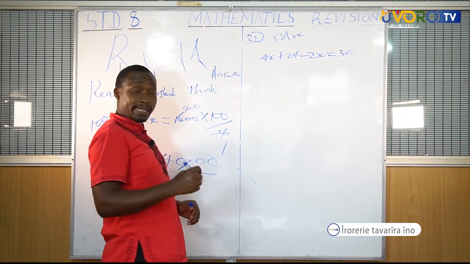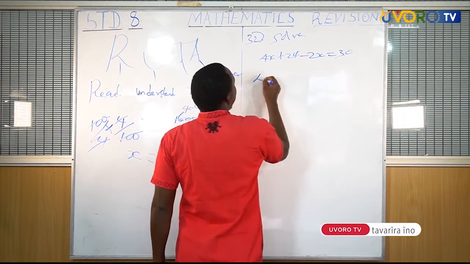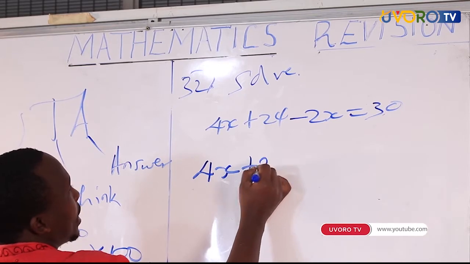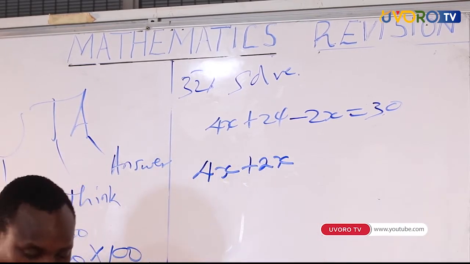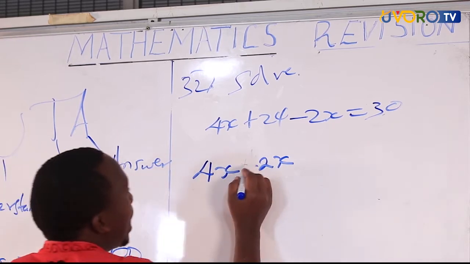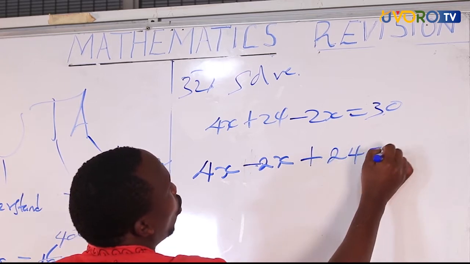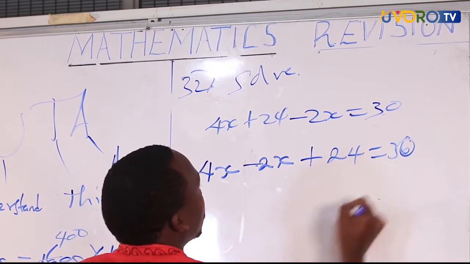So we are supposed to put the right terms together: x with x's. The first x is 4x, and the other one is minus 2x, plus 24 equals 30.